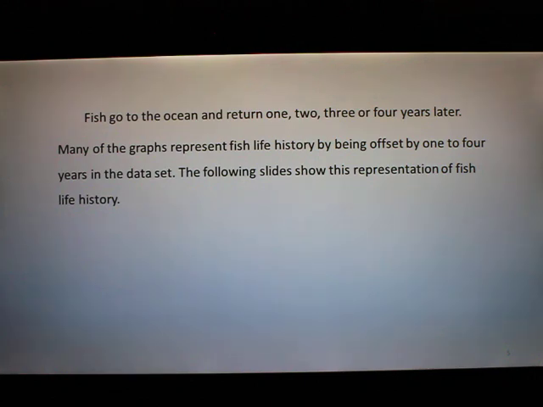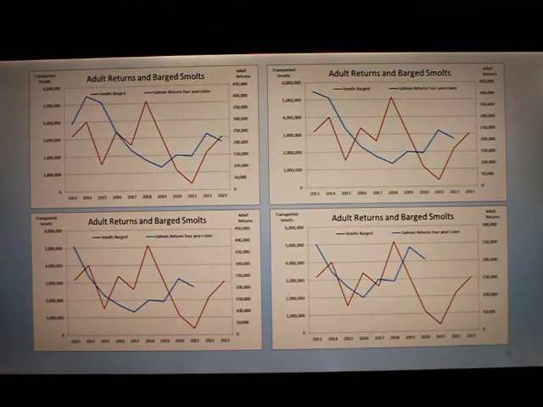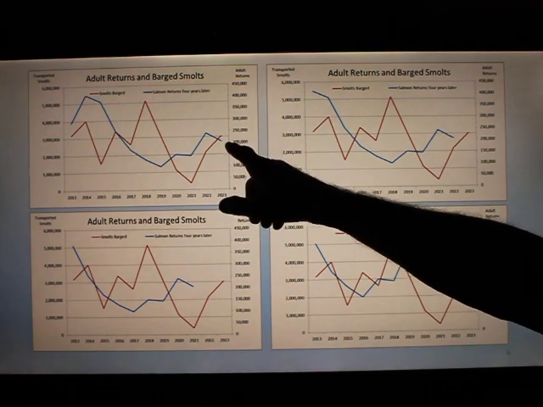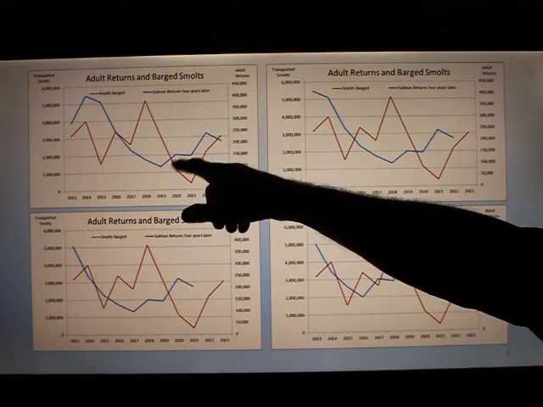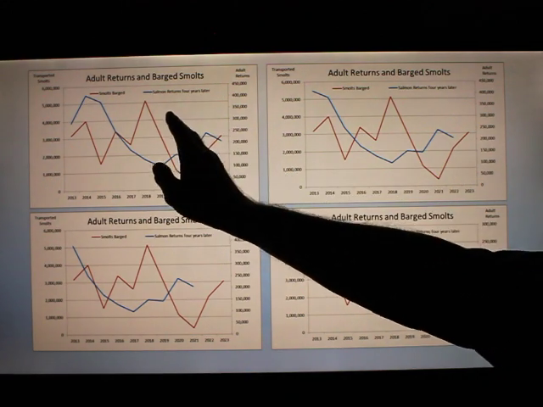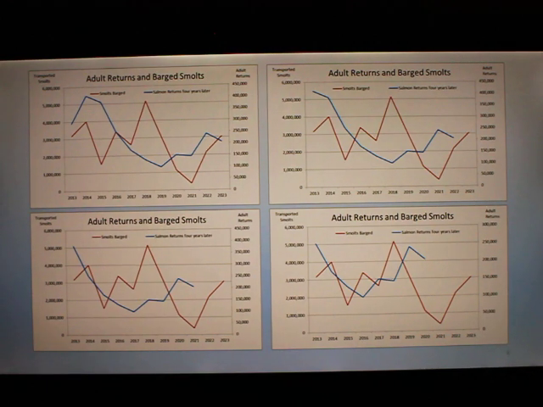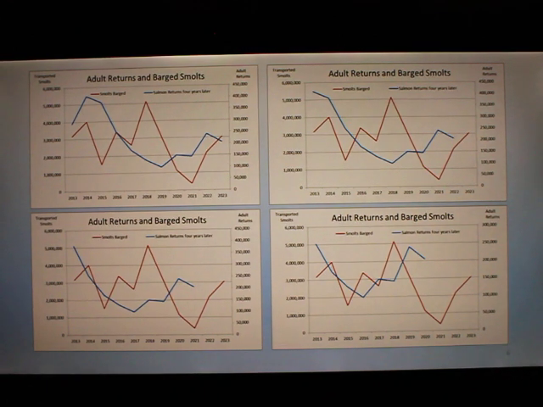The following slides show this representation of fish life history. So we're going to move from the top left graph, then the top right, bottom left, bottom right. And what you're going to see is the adult returns here is in blue, and we're going to move that back so that it lines up with the year that they were transported or barged.